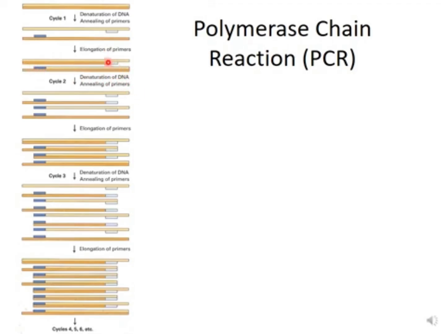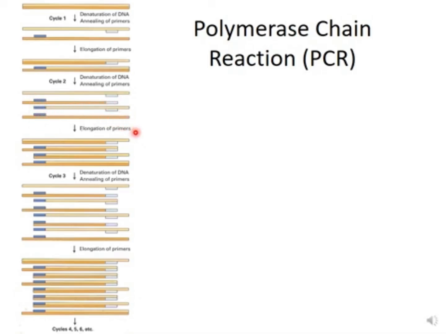Afterwards, we started with one strand, then we ended up with two strands. That is the end of the first cycle. Then we denature both strands that are present by heating the mixture again. This is going to cause all four strands to be separate from one another. Then we lower the temperature a little bit in order for the primers to anneal to their complementary sequences.